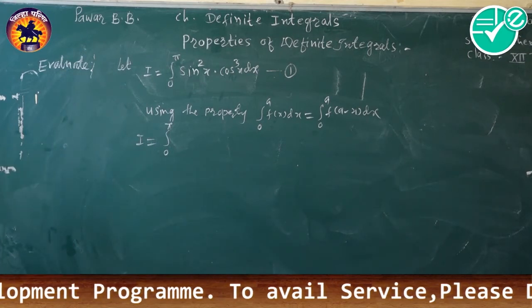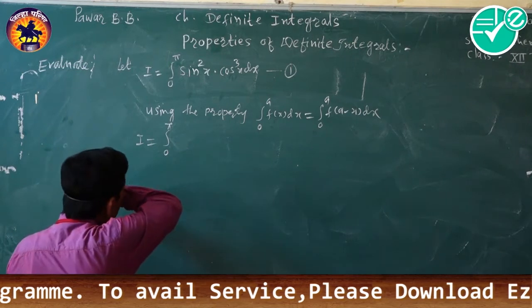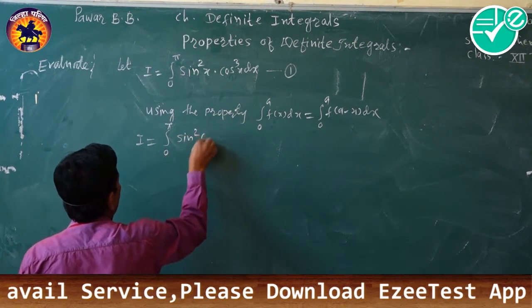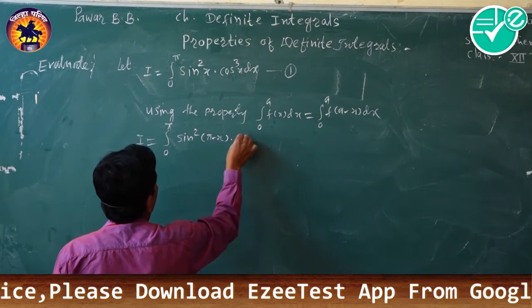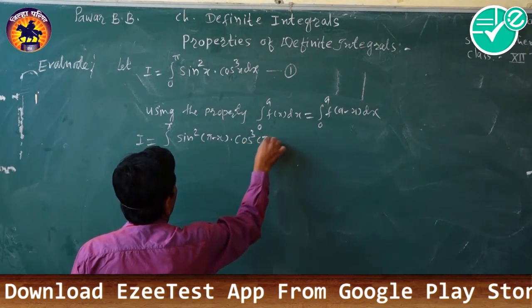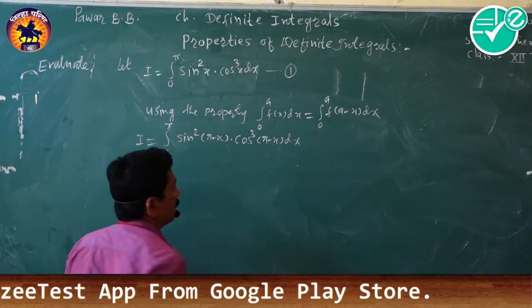I is equal to integration from 0 to pi sin square (pi minus x) into cos cube (pi minus x) dx.